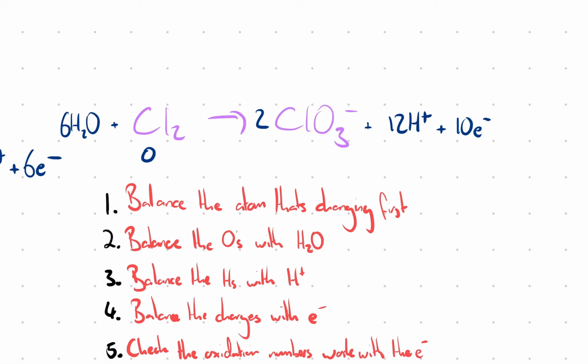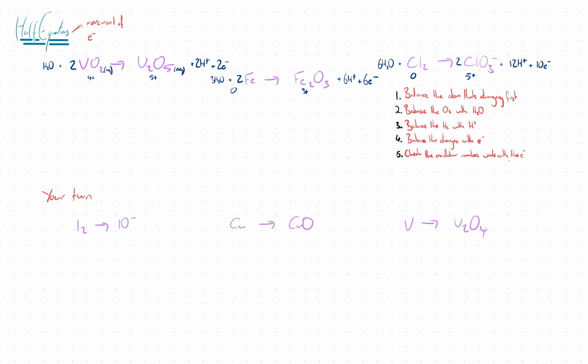And on the right hand side, we've got 3 lots of the minus 2. All equals minus 1. So each of those chlorines must be 5 plus. We've got 2 chlorines, so this 10e minus makes perfect sense. We're golden.